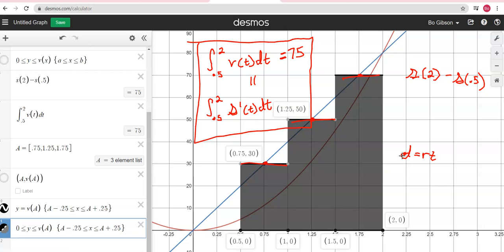But the powerful thing about this is there's really nothing special about velocity functions and distance functions, or I should say displacement functions.